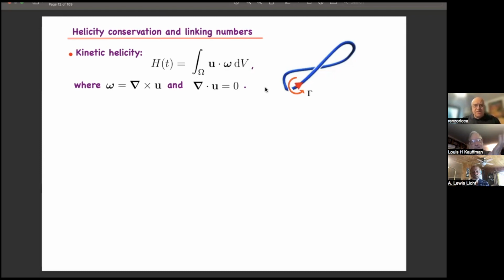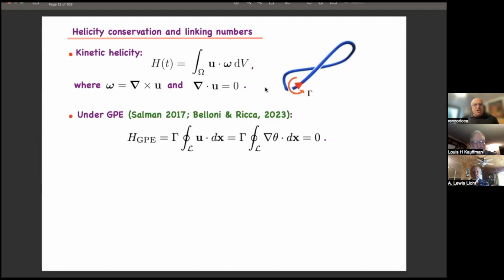Now, under GPE, we have a very interesting situation. A rigorous proof was only given very recently by Andrea Belloni and myself, but already there is significant information on this by Salmon in 2017, where we can see that helicity in the case of the Gross-Pitayevski equation is actually zero all the time.